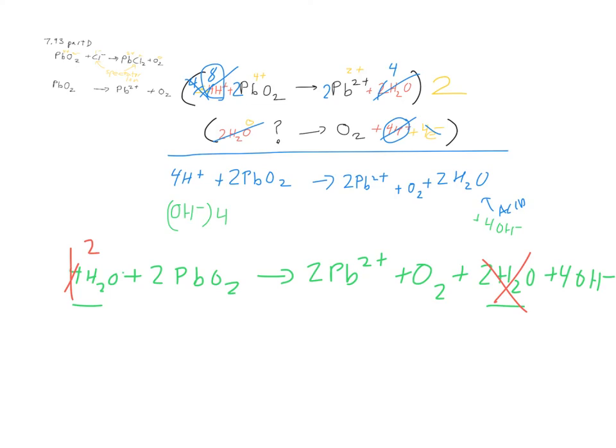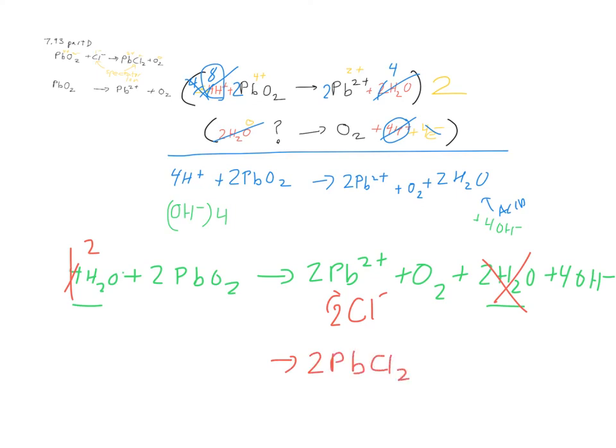What about those chlorides I told you to ignore? We now drop them back in. I'm going to add 2 chlorides for every lead 2 that I have, and I'm going to have to do that to both sides of the equation. So I make my lead 2 back into lead 2 chloride.